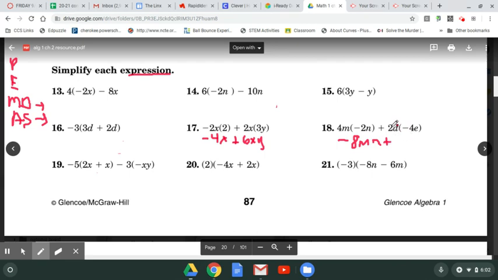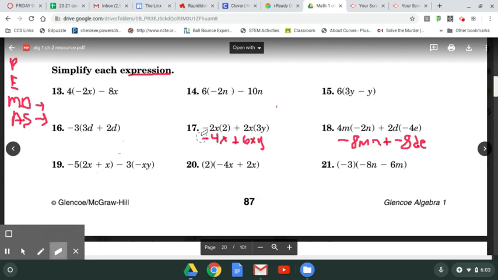Then we do 2d times negative 4e. And what do we get? Right, negative 8de in alphabetical order. Can we combine these two? No. So that's our answer.